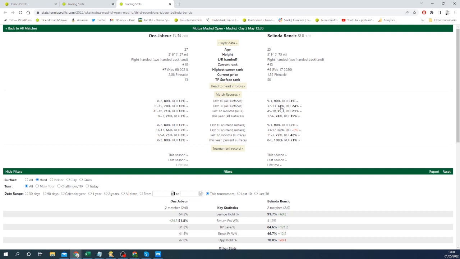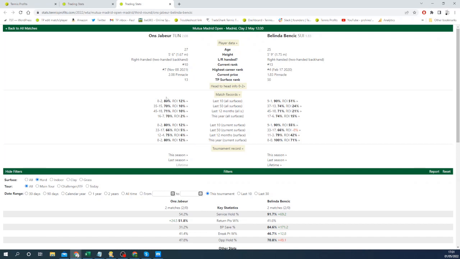So Bencic 37 out of the last 50, 35 out of 50 for Jabeur, so not too much between them. I'll look at the ROI, looking obviously for a higher number there. Return on investment in these figures is a way of sort of factoring in the quality of their opponents.